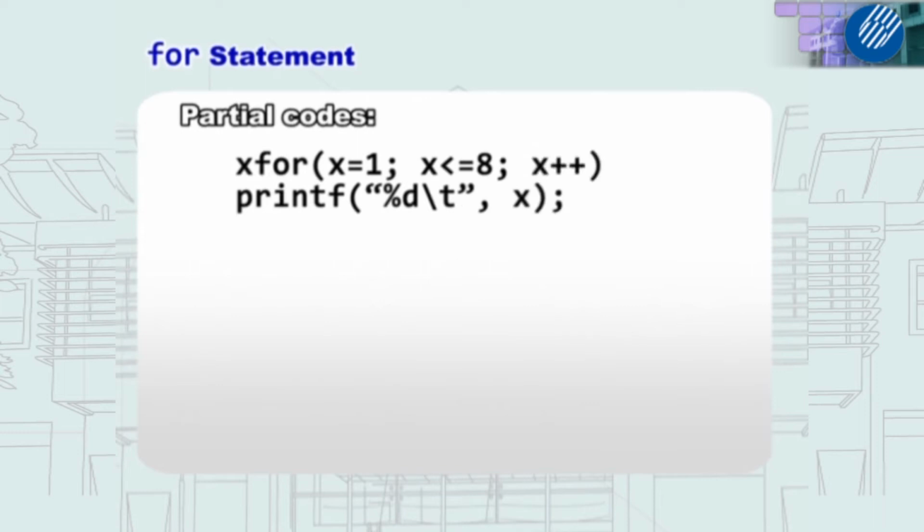The loop begins with x equal 1, then the value of x is tested with the condition x less than equal 8. If the condition is true, the printf statement is executed, where the current value of x is printed together with escape sequence character, tab.